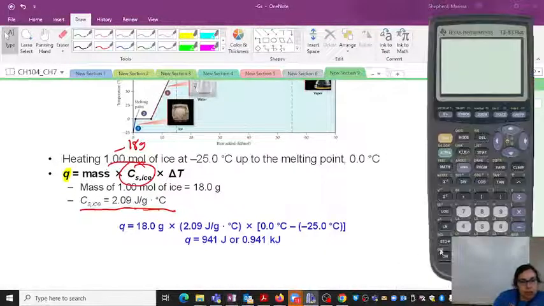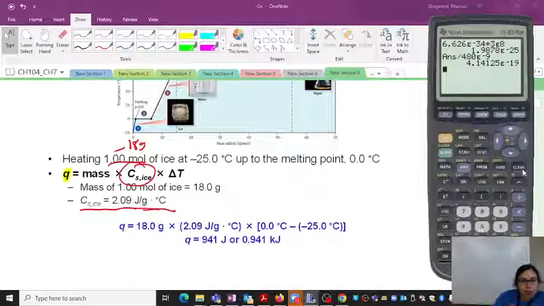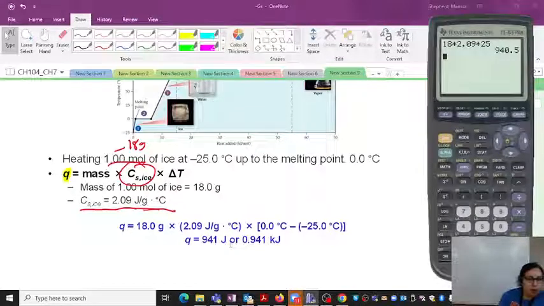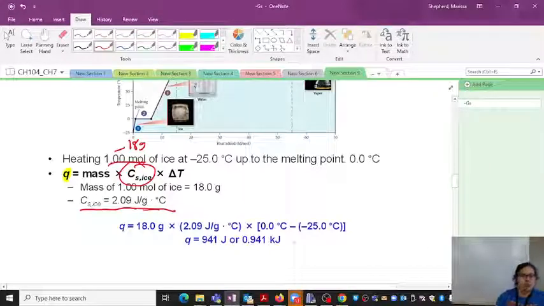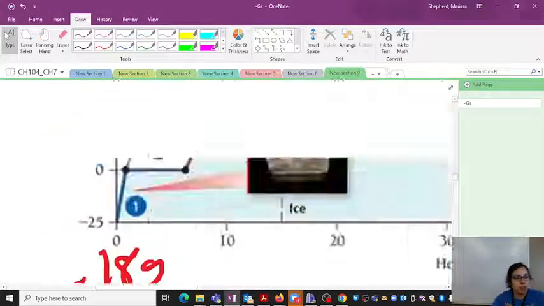Of course you can plug it in, so we're all on the same page: 18 times 2.09 times 25. That's how they got this 941 joules, or they went ahead and converted it to kilojoules, so 0.941 kilojoules. All right, so that's leg number 1.